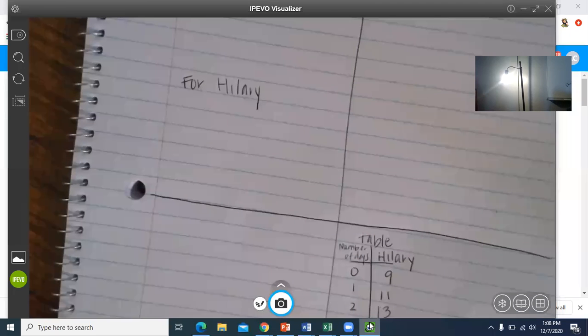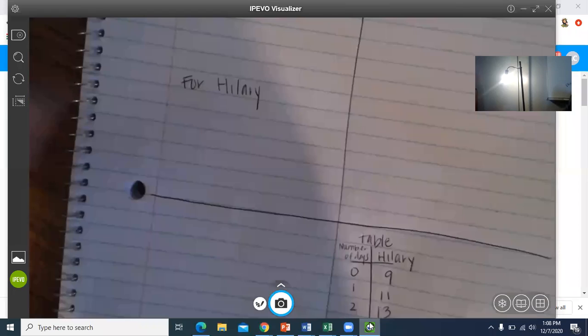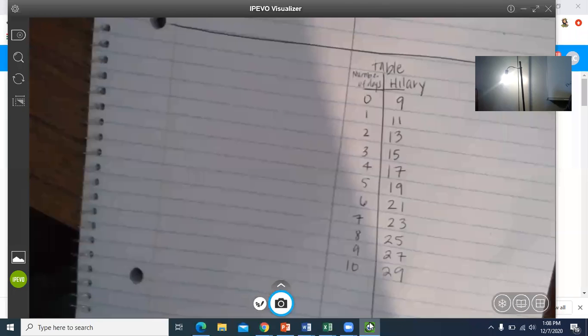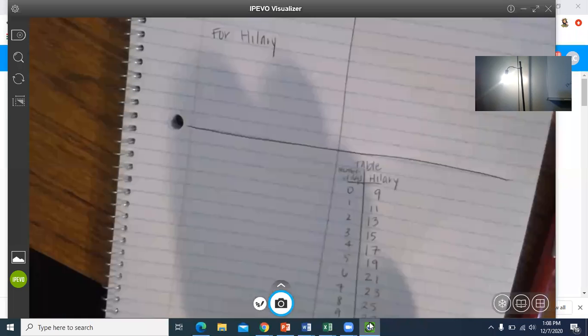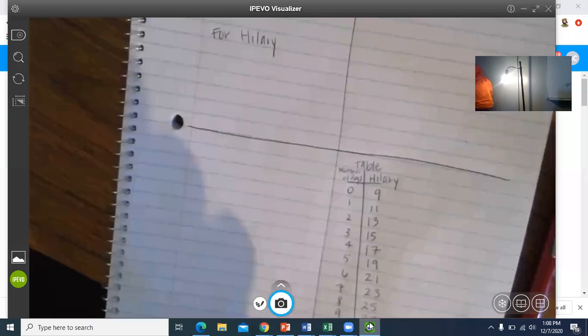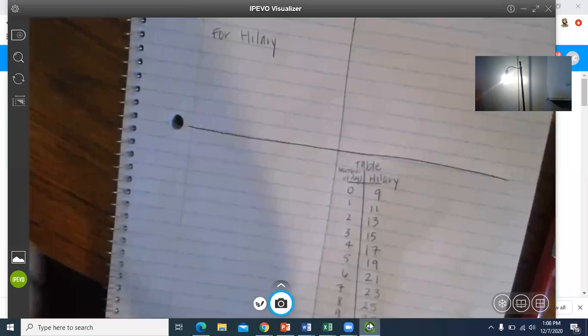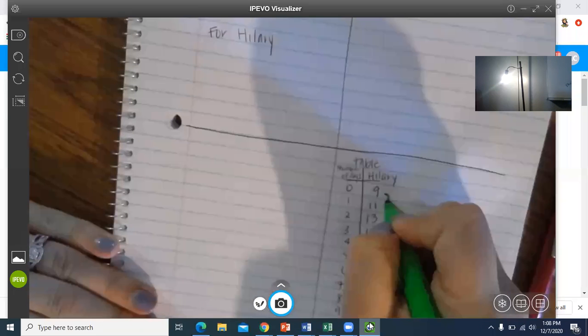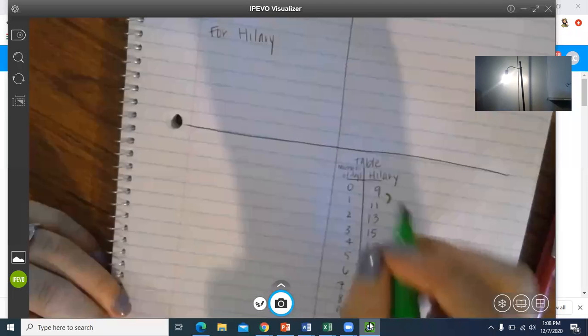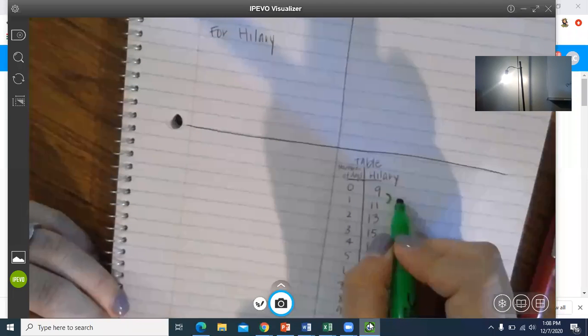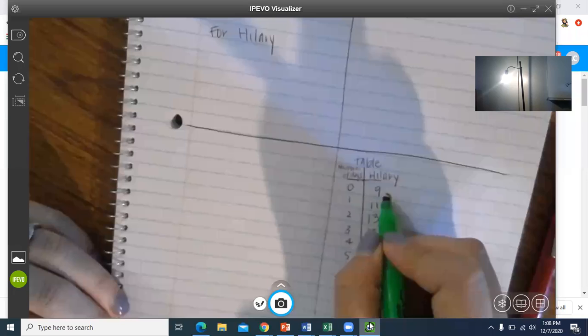What did we do each time? Going from 9 to 11, are we adding, multiplying, or subtracting? What did we do? Is it plus or minus from 9 to 11?